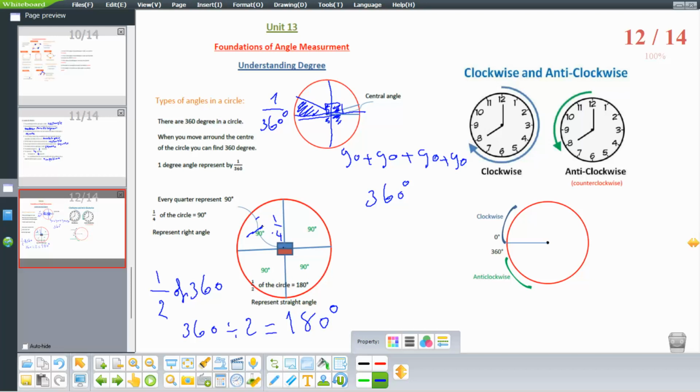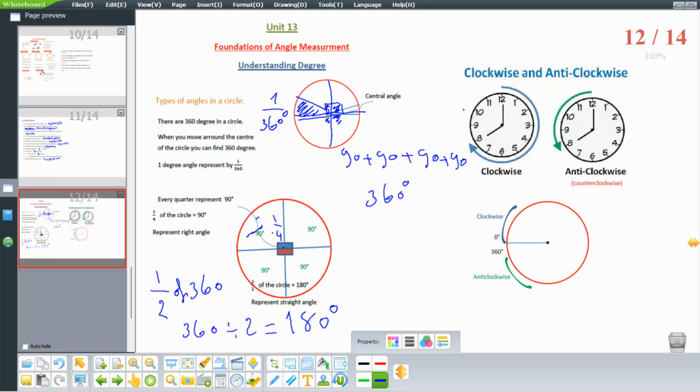And if I want to calculate 3 quarters, 90 plus 90 plus 90, it means 270.